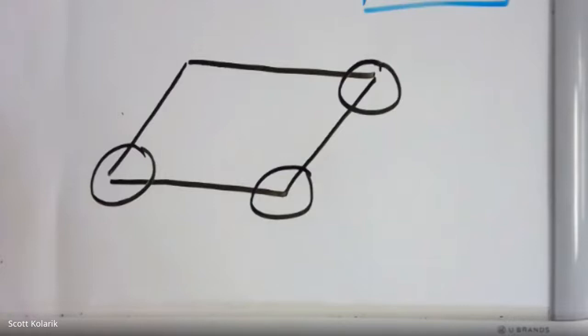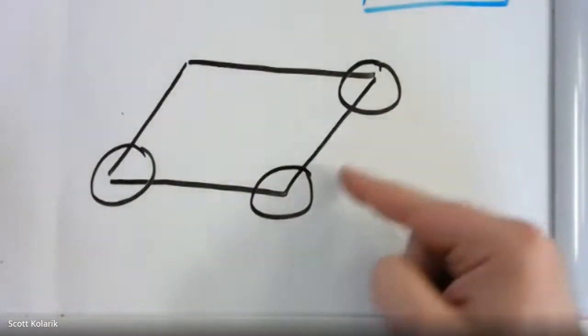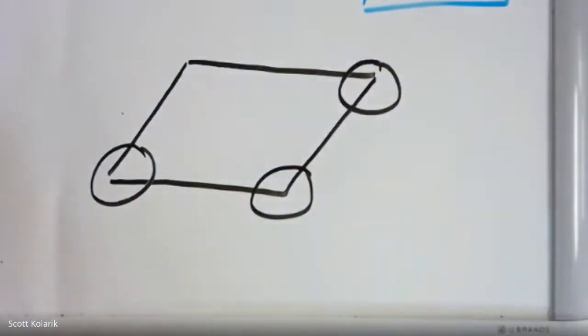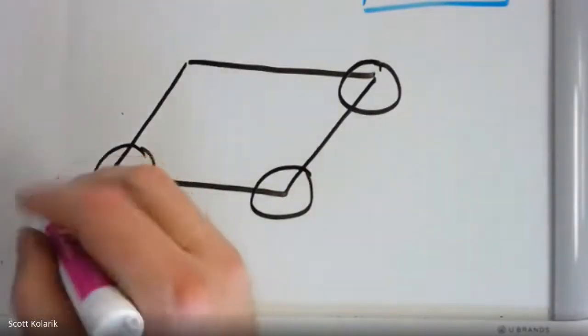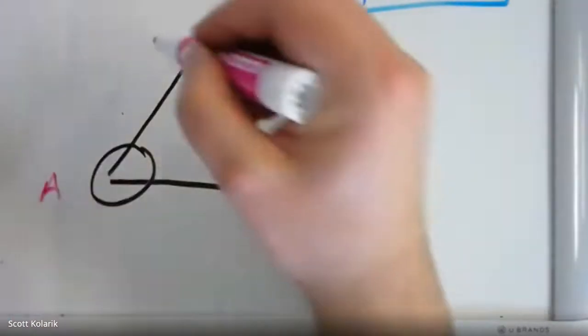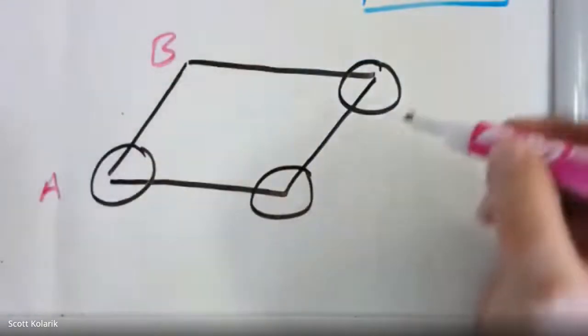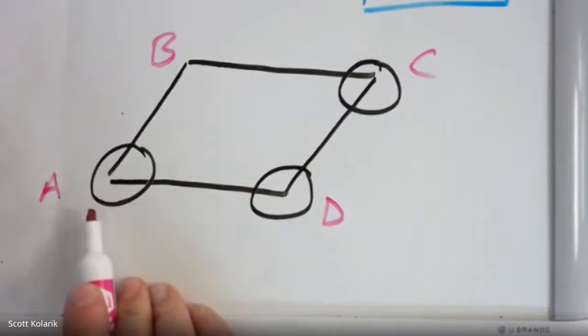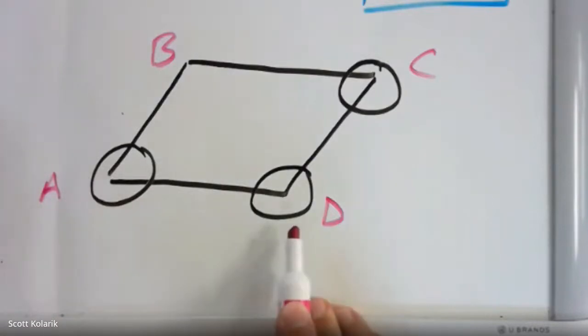Consecutive angles told me that angles that are next to each other or in a row, for instance, these 2 angles are consecutive, or these 2 angles are consecutive, need to be what's called supplementary. Let me give these quick labels. If I call this A, I'm not going to need it, but B, C, and D, angle A and angle D need to be supplementary.